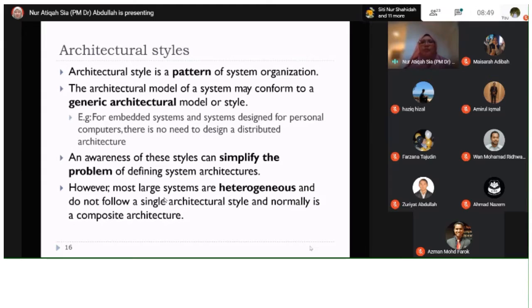So that's why you have to know what the generic architectures available are, to simplify your design. But in reality, for large systems outside, most of the systems don't follow just a single architecture, because they use two or more architectures combined. That's why we call it heterogeneous, meaning that we combine not a single architecture but a composite architecture.